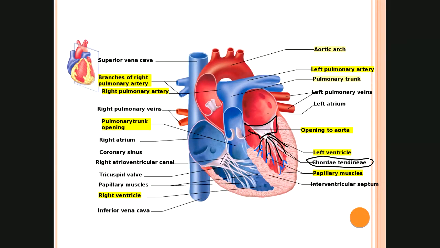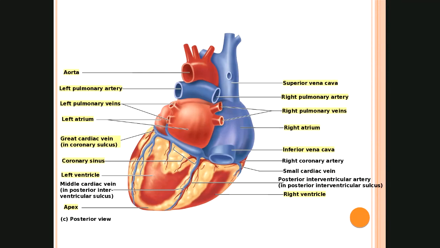So the papillary muscles are attached to the chordae tendineae, and the chordae tendineae are attached to the atrioventricular valves. This same thing is happening on the right side. These are the papillary muscles, this is the chordae tendineae, and this is the AV valve on the right side. There is obviously a function that explains this construction, which we're going to talk about in a little bit.